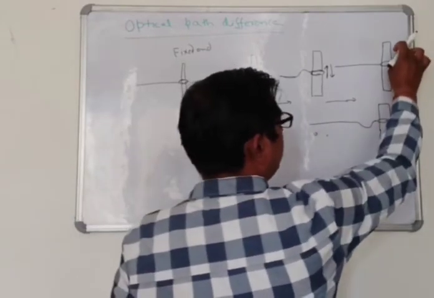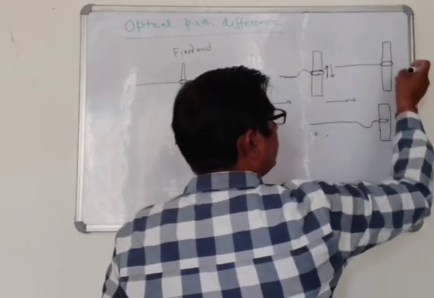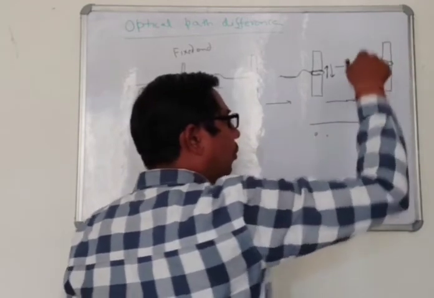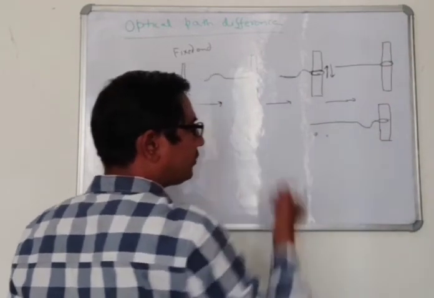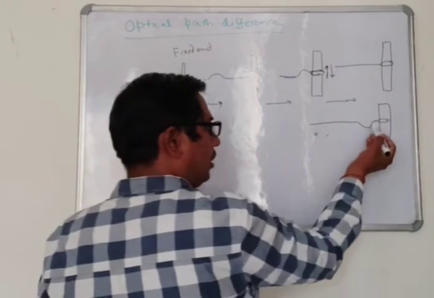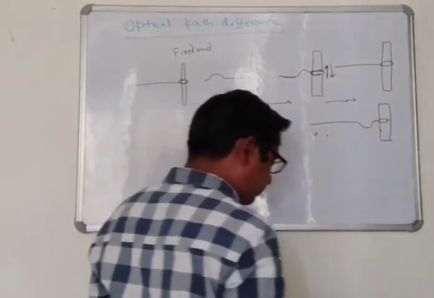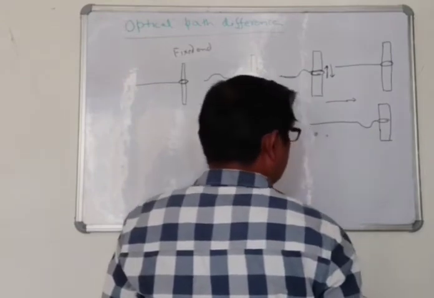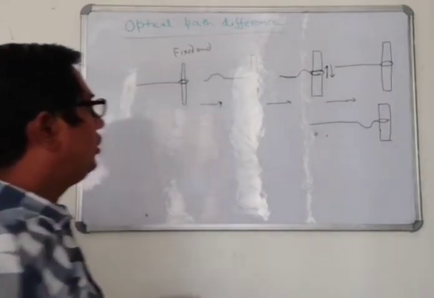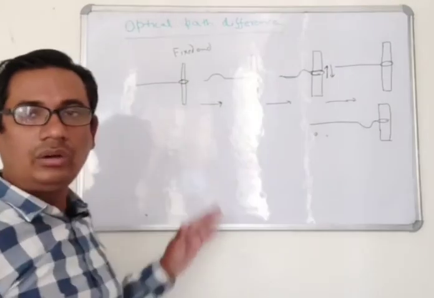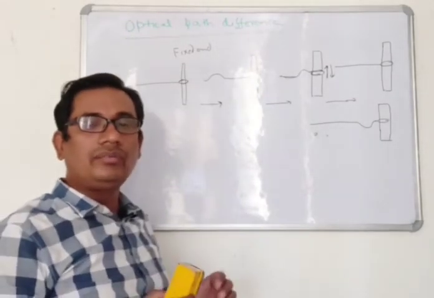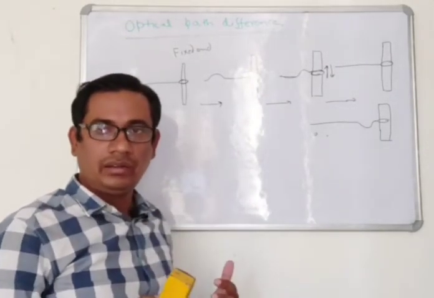Here both the forces will be equal, and now the rod force will be more. It will produce a reflected wave, in this manner. You can see the role of fixed and free end.